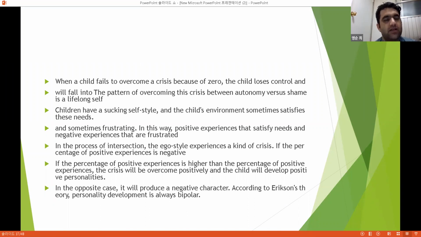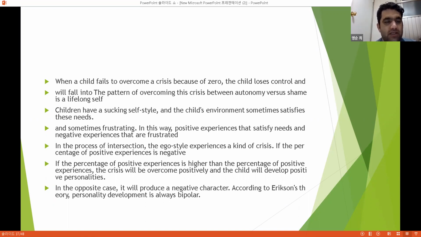Sometimes the child's environment satisfies their needs, and sometimes it is frustrating. In this way, there are positive experiences where needs are satisfied and negative experiences where they are frustrated. In the process of this interaction, the ego experiences a kind of crisis.